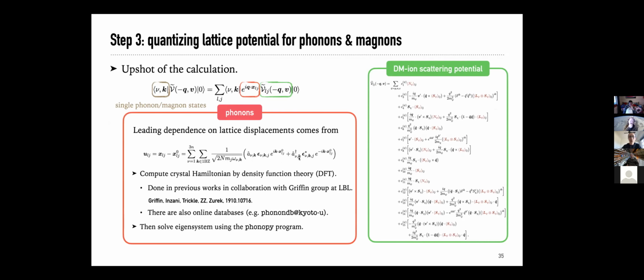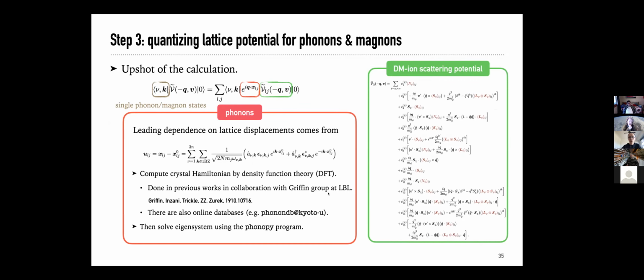And then the question is, how do you compute the quantities that are involved in this equation? First of all, we compute the crystal Hamiltonian by density functional theory tools. This is done mostly in collaboration with Sinead Griffin's group at Berkeley Lab. There are also some online databases where people have uploaded their DFT calculations.